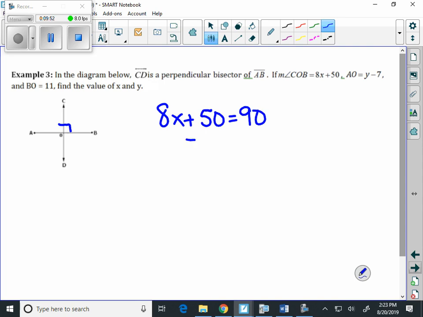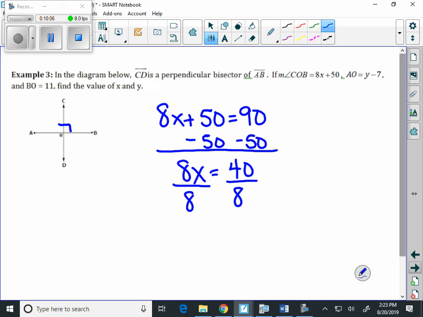We move the 50 over to the right side, and we end up with 8x equals 40. We need to undo the multiplication, so we divide both sides by 8, and we get x equals 5.